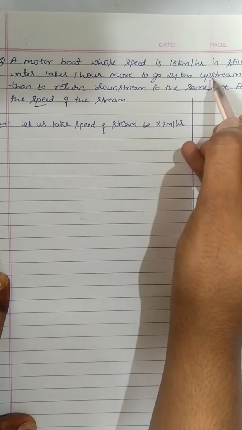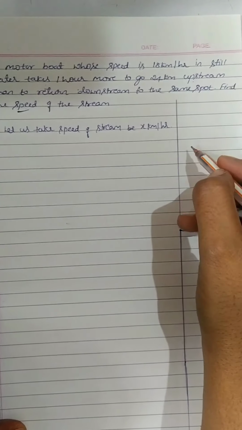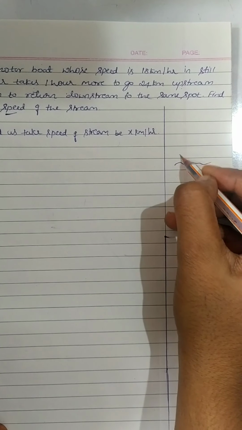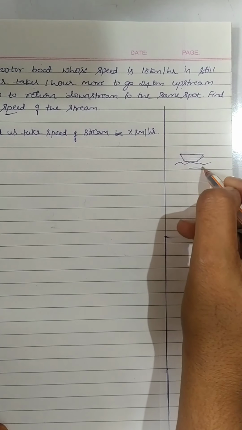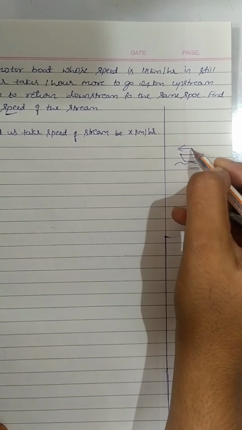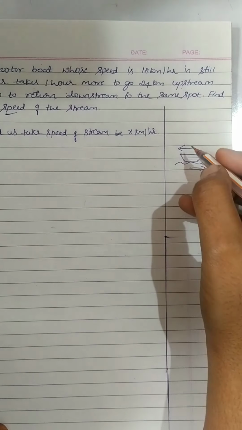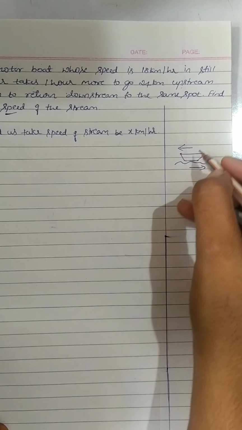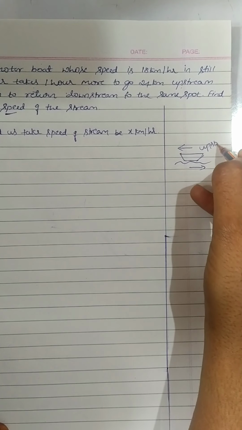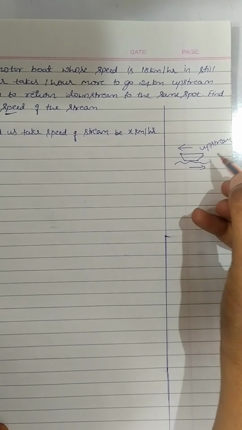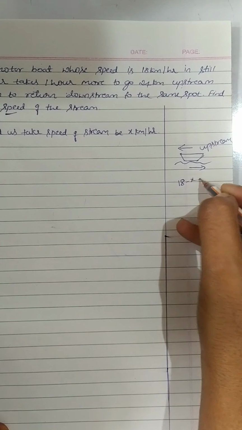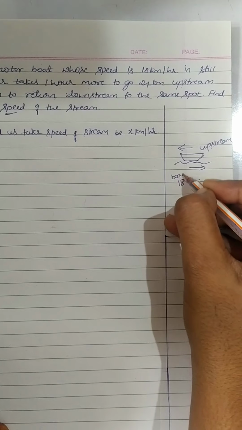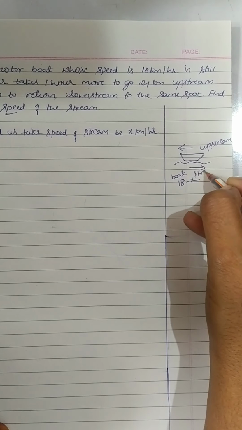So now they had given downstream and upstream, which means water is flowing like this and a boat is moving on it. If the water direction and boat direction are opposite to each other, then it is upstream. So the speed of upstream will be given as 18 minus x, that is boat speed minus stream speed.